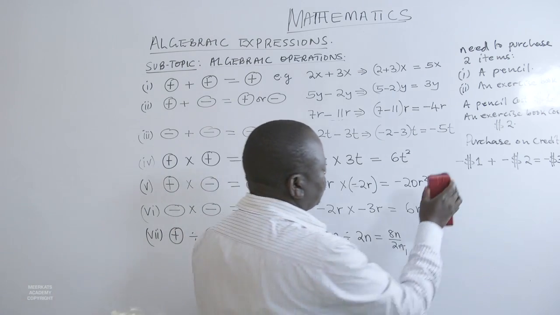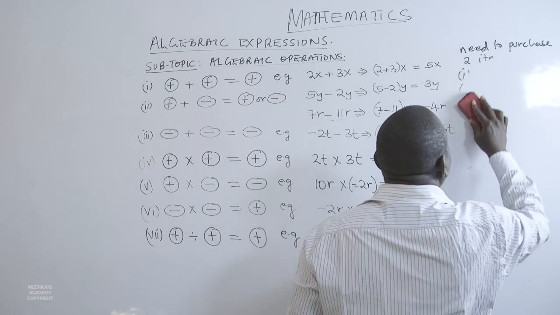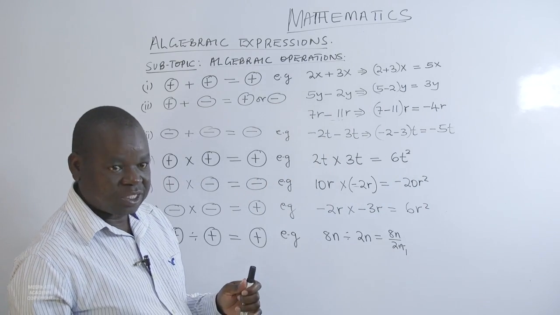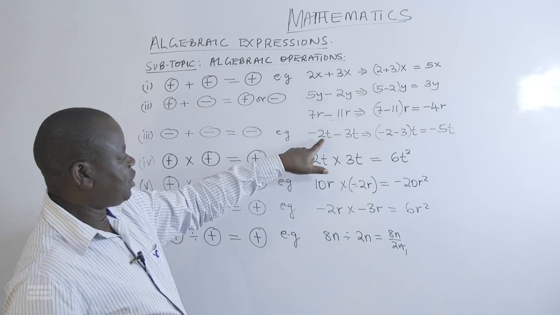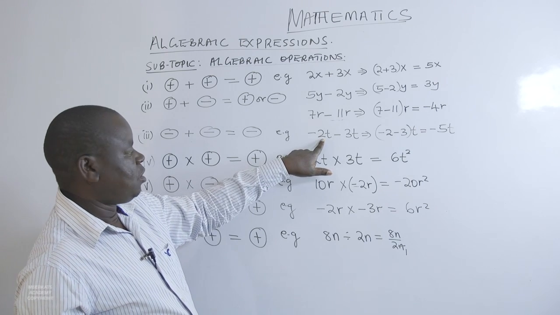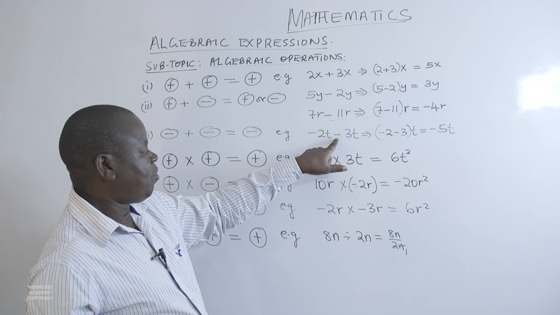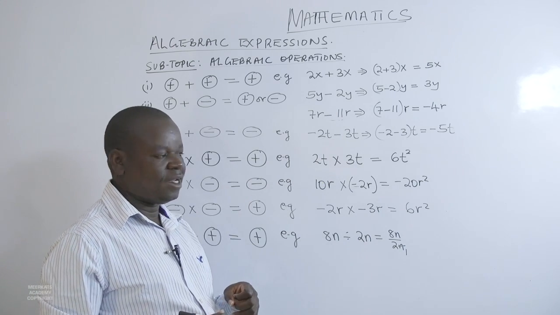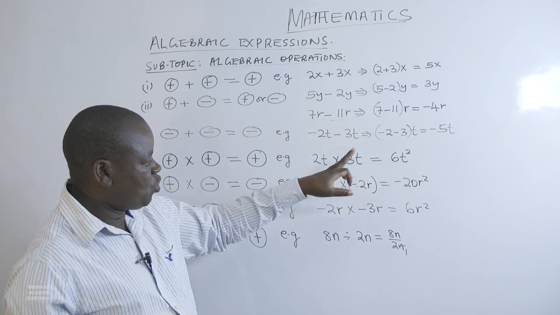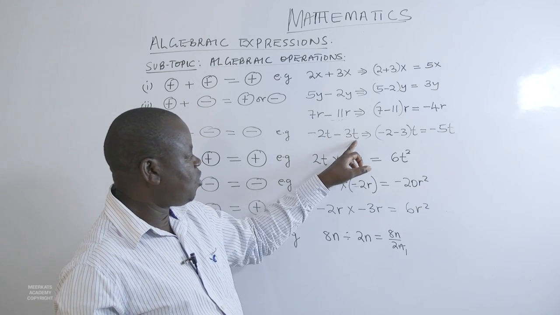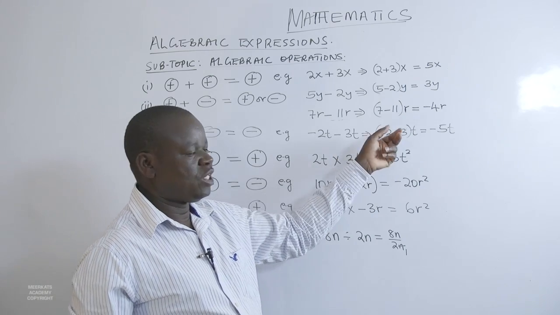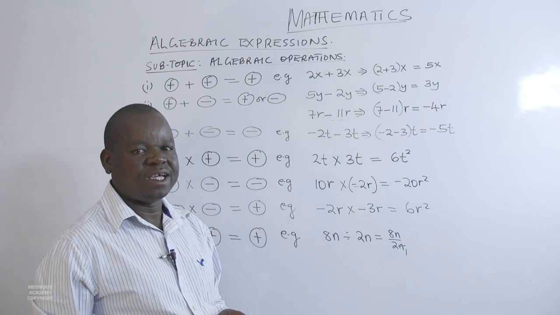An example on the same is negative 2t minus 3t. This minus means we are adding another negative. Because t is common, we filter it out and add the coefficients, and our coefficients here are negative numbers.